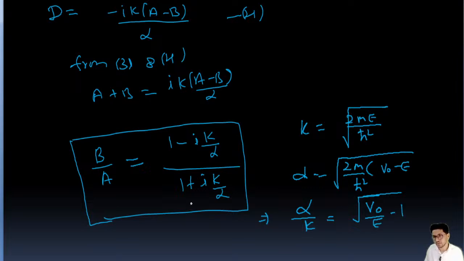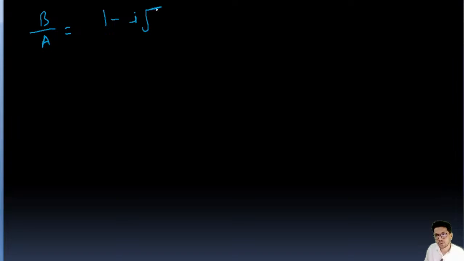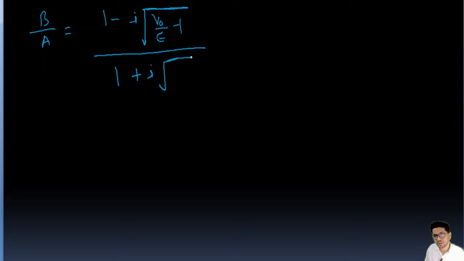So in place of alpha upon k, you can write this: 1 minus iota root of v naught upon e minus 1 upon 1 plus iota root of v naught upon e minus 1.